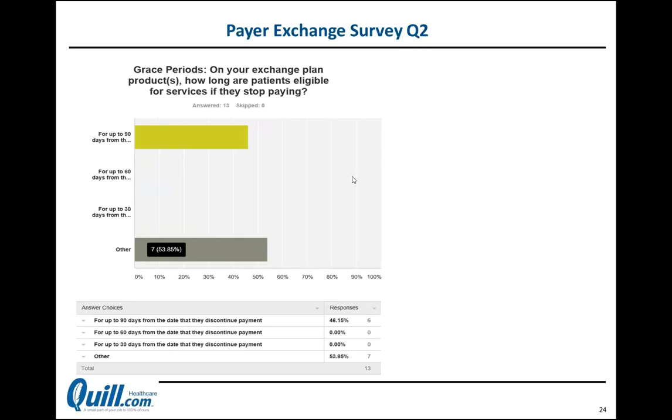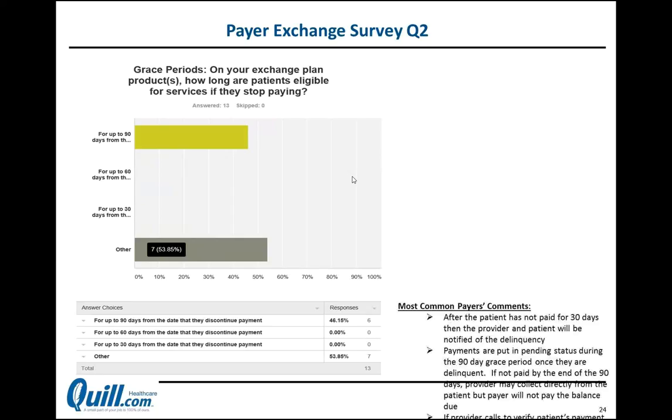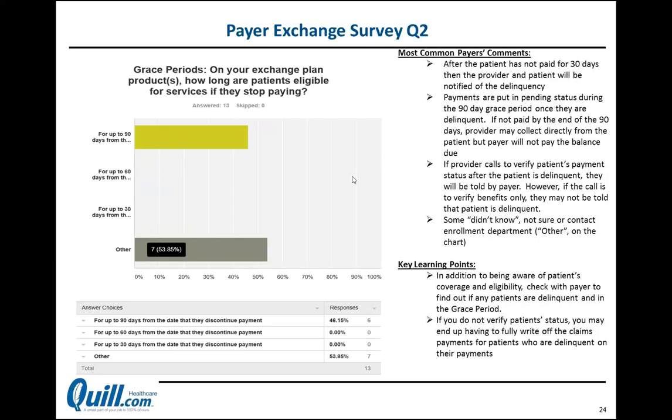Question 2 was all about grace periods, and we were trying to assess whether the payers had practices that were consistent with or inconsistent with the grace periods.